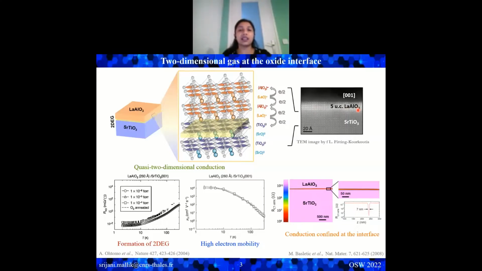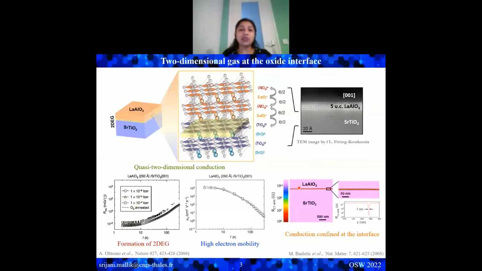By charge reconstruction at the interface of lanthanum aluminate and strontium titanate, they discovered a two-dimensional electron gas, which was nicely conducting up to quite low temperature. Later, it was also proved that this electron gas is really 2D in nature.